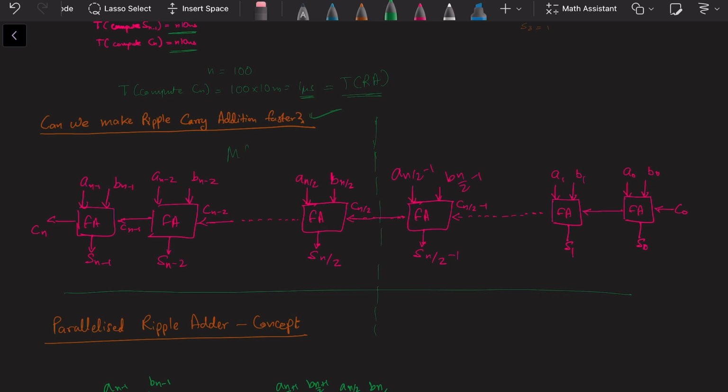This part I'll call my MSB adder, and this part I'll call my LSB adder. And I want the MSB and LSB adders to compute in parallel.